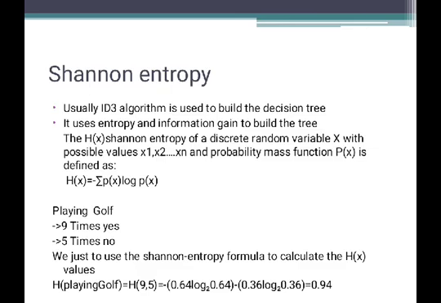H of playing golf is equal to H of 9 comma 5, which is equal to minus 0.64 log 2 0.64 minus 0.36 log 2 0.36. The value 0.64 came from 9 by 14 and the value 0.36 is got from 5 by 14, and by calculating this we get a Shannon entropy value of 0.94.